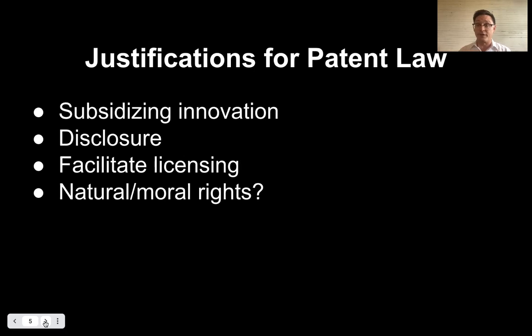So part of granting patent protection is ensuring that ideas are available to everyone so that everyone can build upon them. And part of the assumption then of patent protection is that when we grant patents, that kind of property ownership will also facilitate licensing or the transfer of information and technology from one party to another.